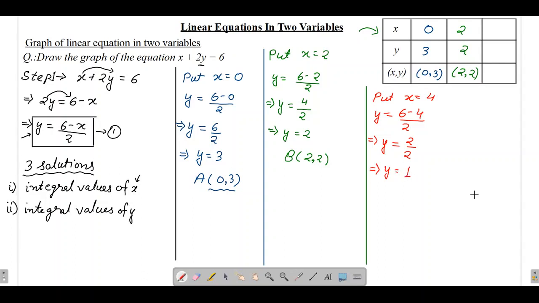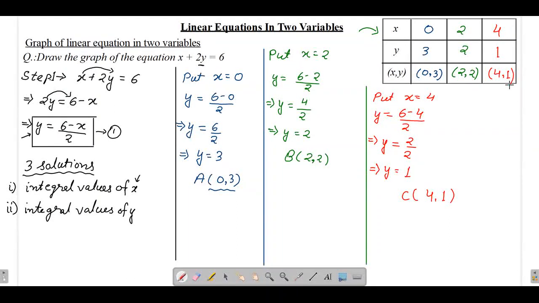So we have got our third solution as 4 comma 1. We can name it as C, and quickly we will fill up this table. We have given the value of x as 4, and the value of y we obtained was 1. So the third ordered pair is 4 comma 1.